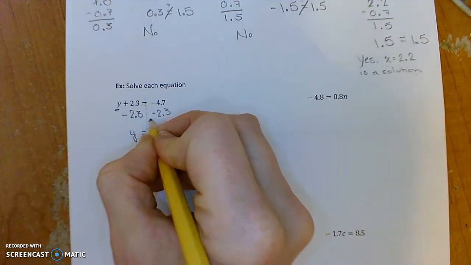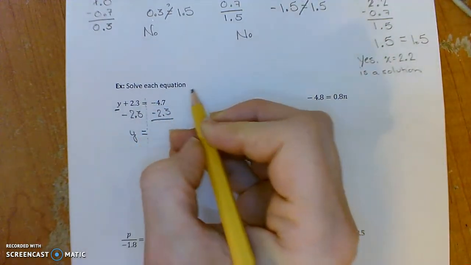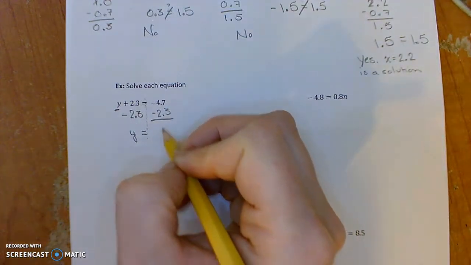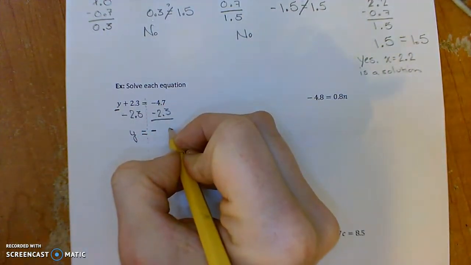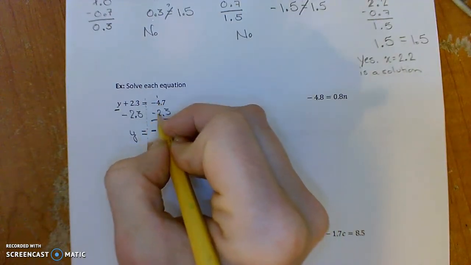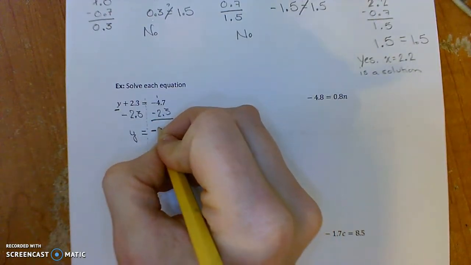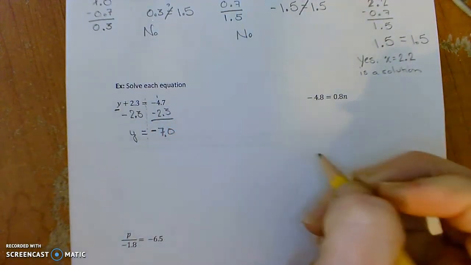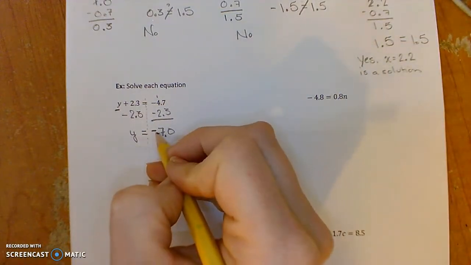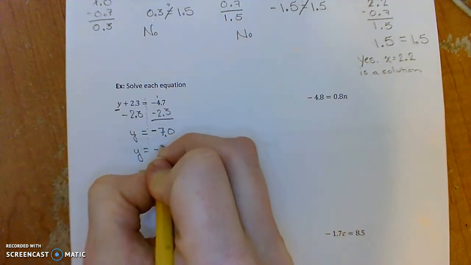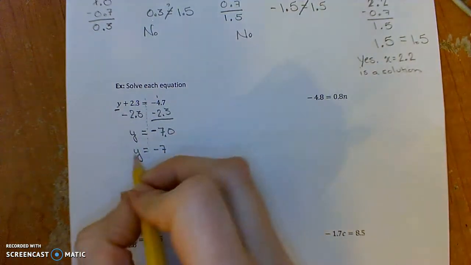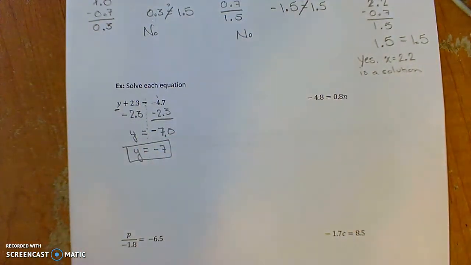Because both of the numbers are negative, I can just go ahead and add the absolute values together and then just make my answer negative. So 7 plus 3 is 10. 4 plus 2 plus 1 is 7. 7.0, and the answer will be negative. Let me just simplify what I have here, because 7.0 is the same as 7. So my answer is negative 7.